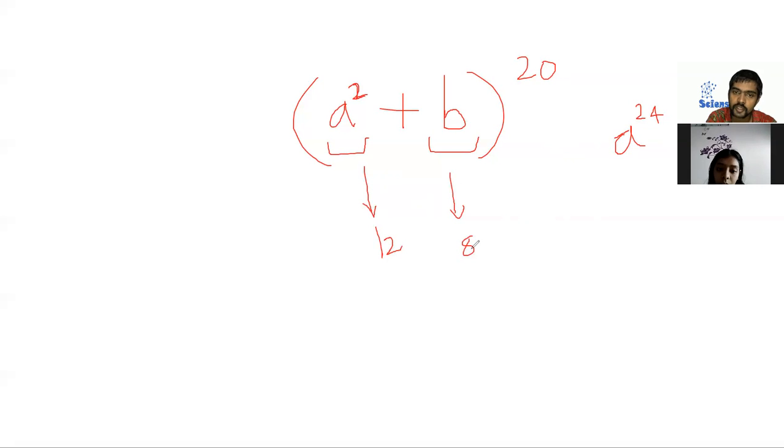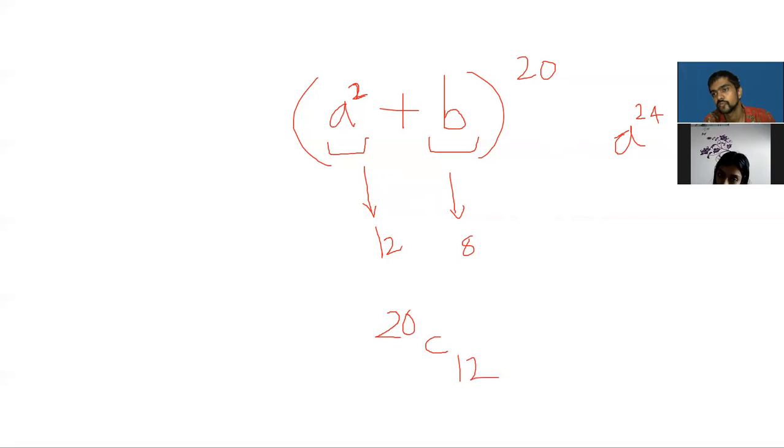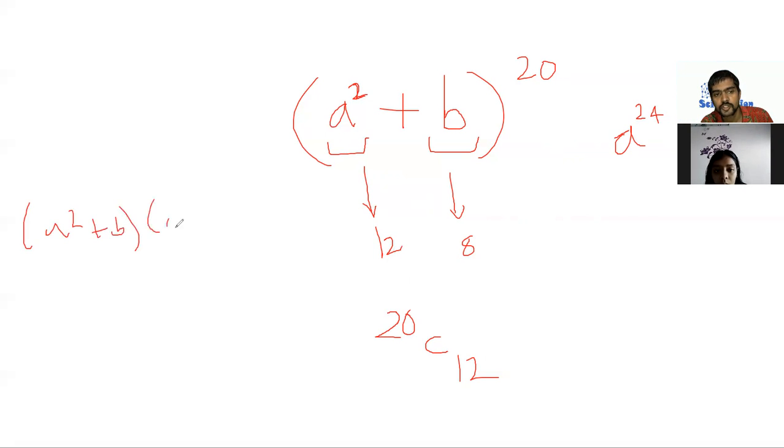So in how many ways can I make this choice? From 20 baskets, I have to choose 12 baskets. This (a square plus b) is like 20 baskets, right? (a square plus b) into (a square plus b).